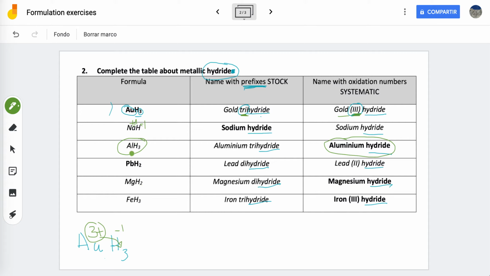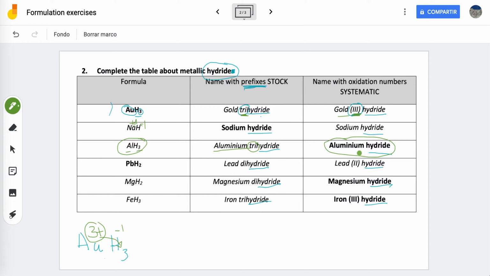We need to bear in mind and memorize this by heart. So aluminium 3 hydride, okay? And because aluminium is the only way to be combined with hydrogen, this is the only possibility.